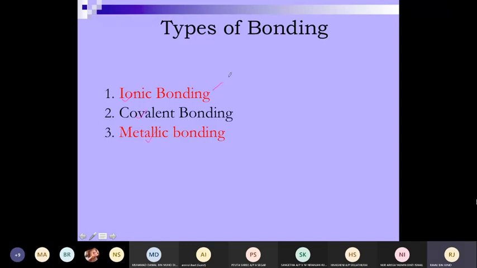Ionic is transfer of electron. Covalent is sharing of electron. Metallic is where electrons can flow throughout the whole structure, as if not attached to any particular atom.